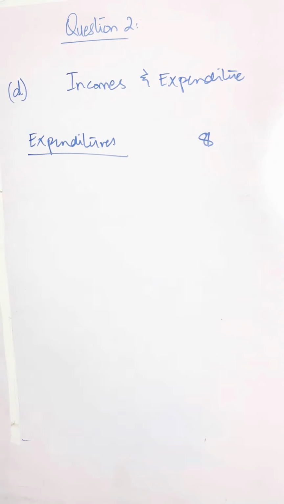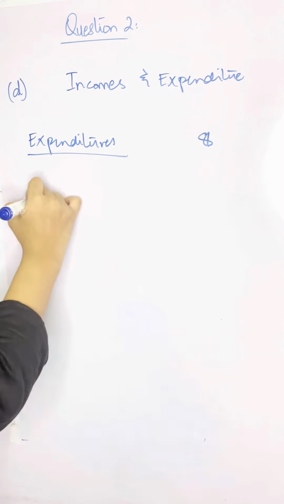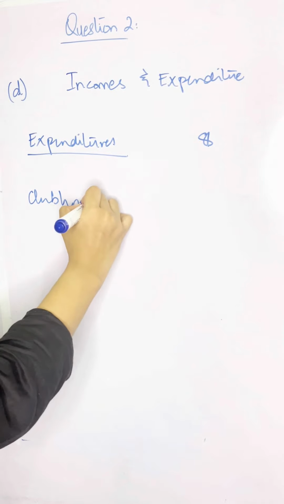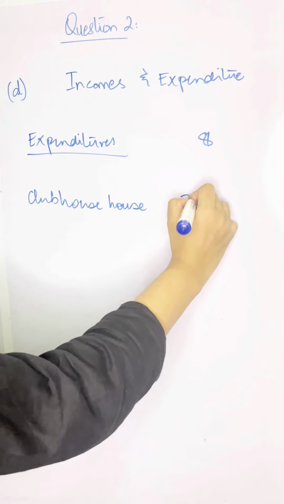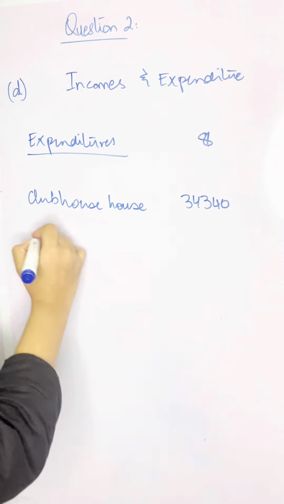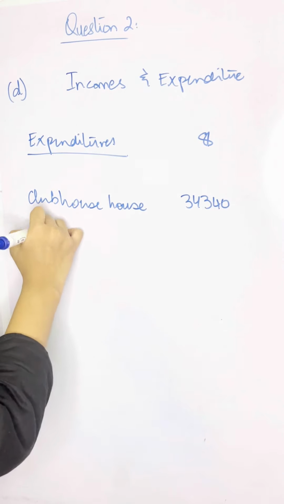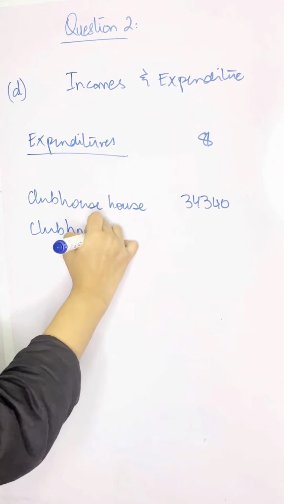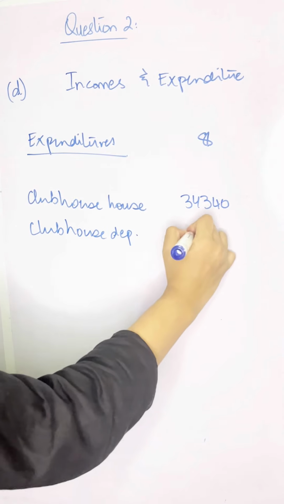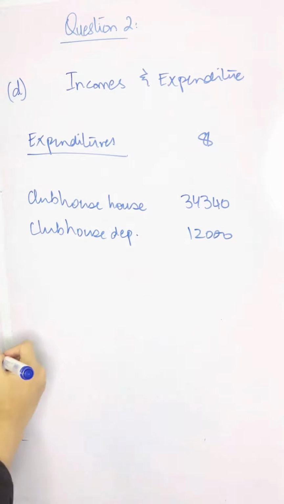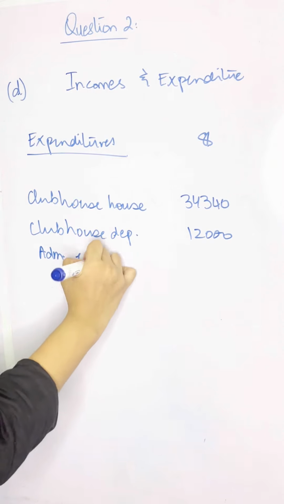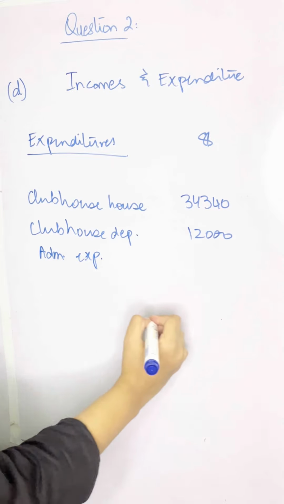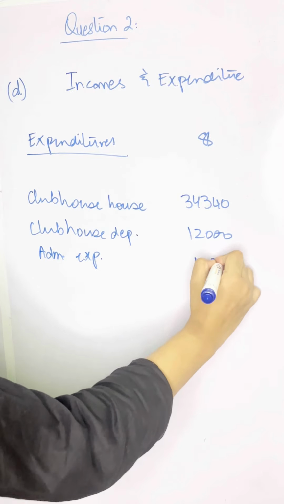For the expenditure part, we calculate the clubhouse expense. We made the T account and we calculated the amount as 34,340. Then we have the clubhouse depreciation, which amounted to 12,000, and then we calculated the administrative expenses. We also made the T account for this and it was 5,850.